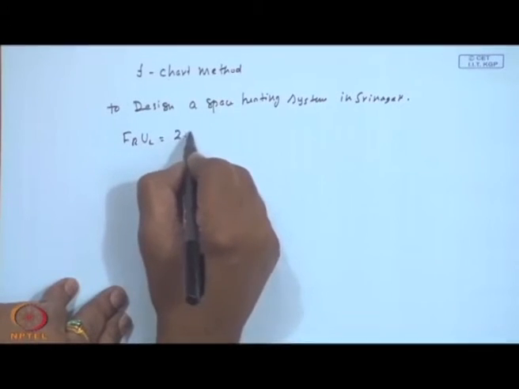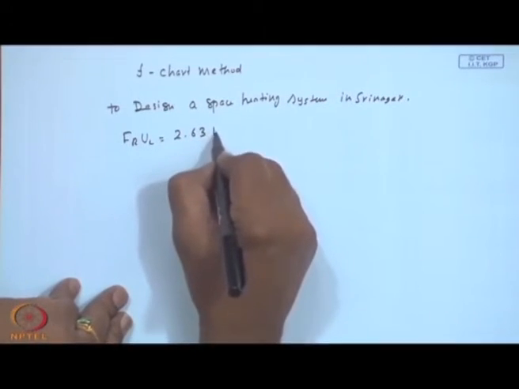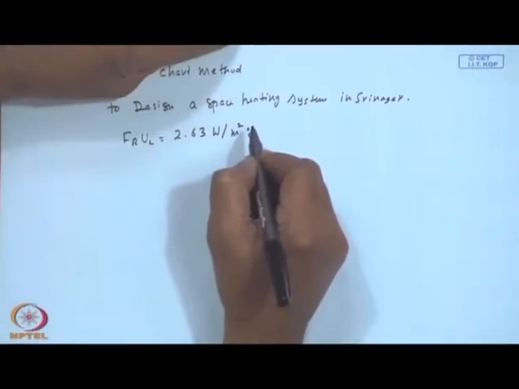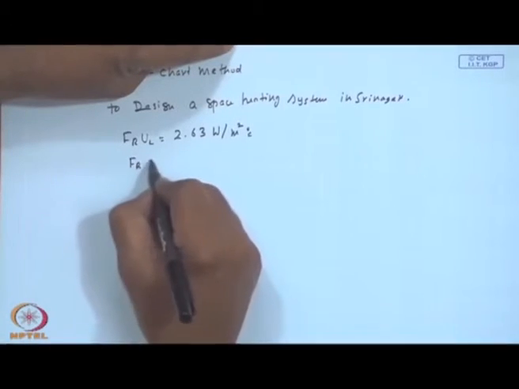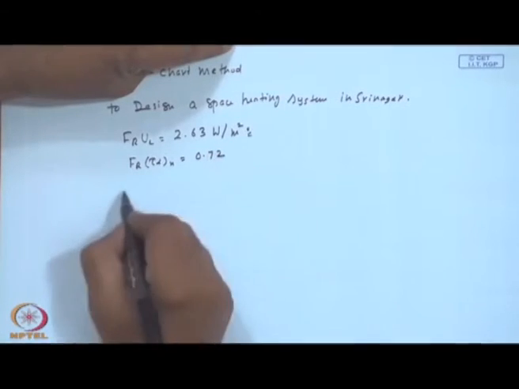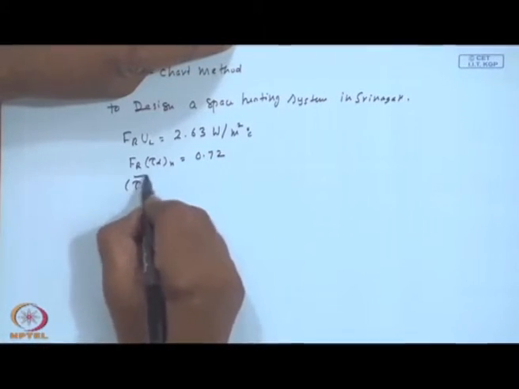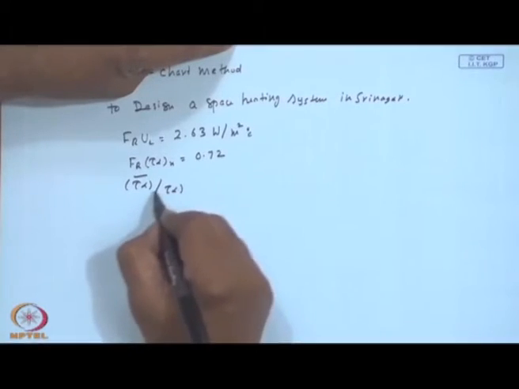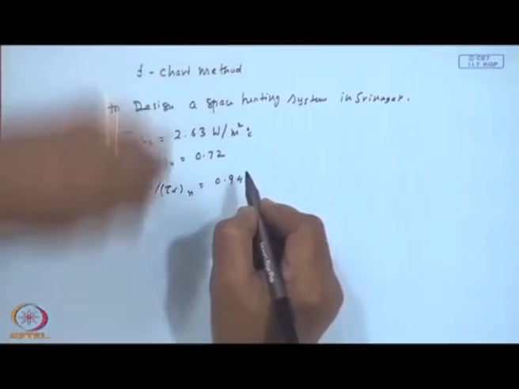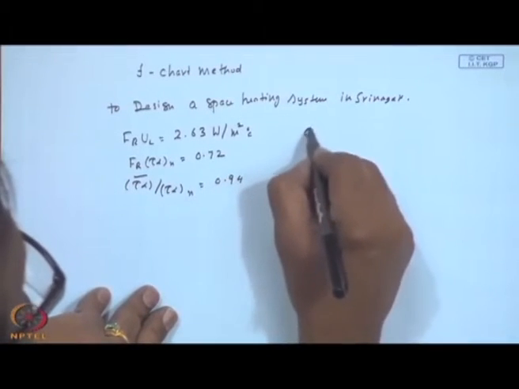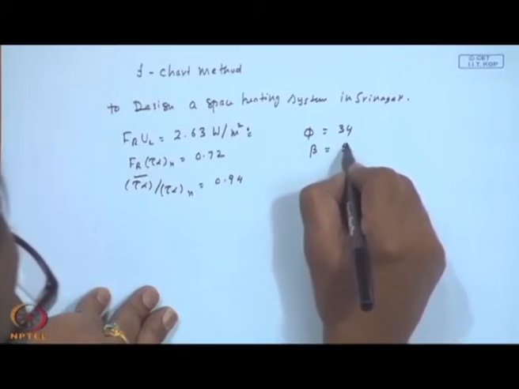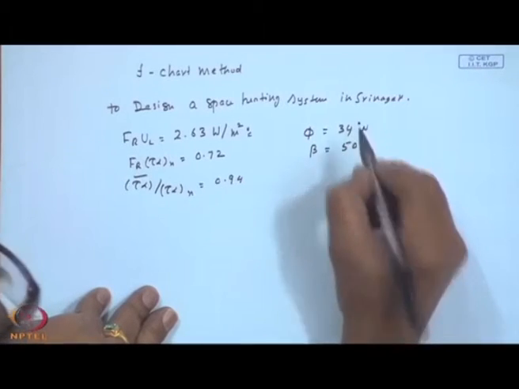F R U L is equal to 2.63 watts per meter square degree C, and then F R tau alpha normal is 0.72, and you have got tau alpha bar by tau alpha normal 0.94, which we have calculated. It makes small difference because the latitude phi is 34, and beta we will choose for winter something like 50 degrees. Okay.